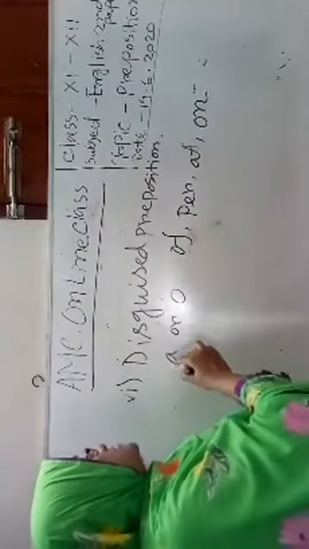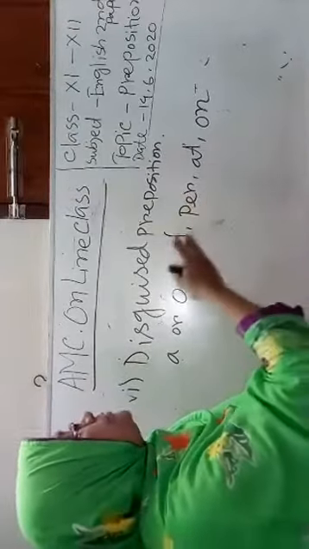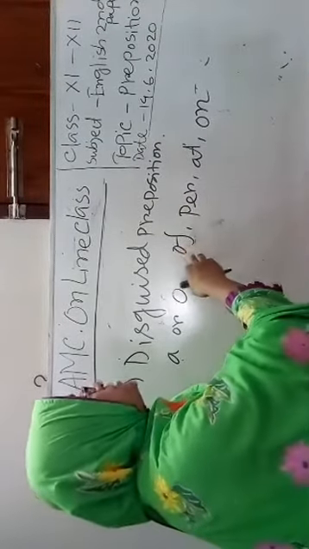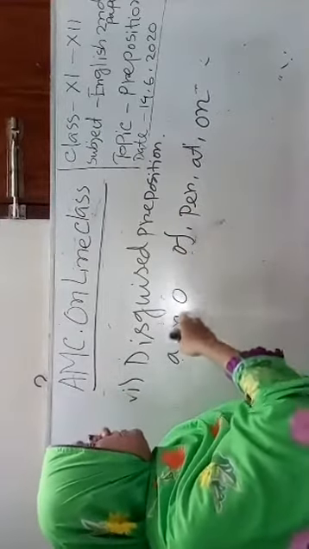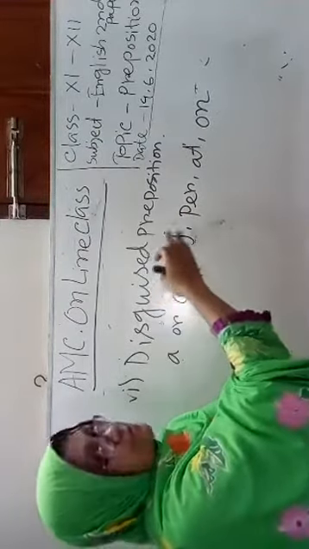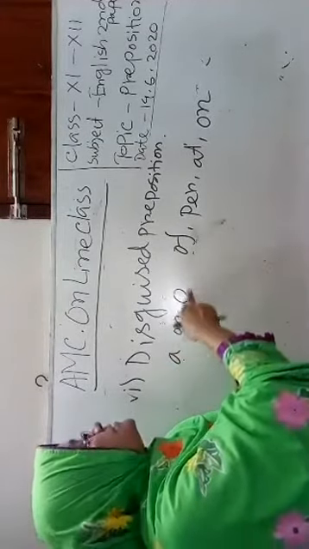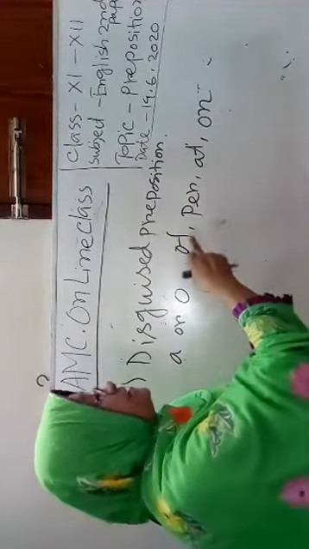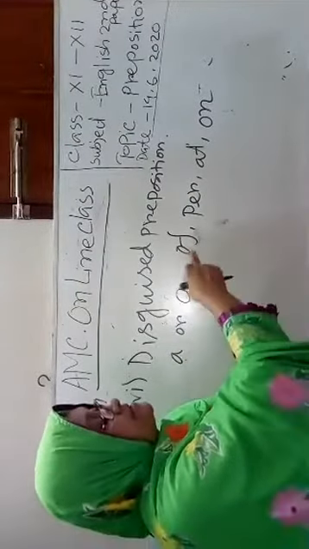These single alphabets are used in lieu of, or instead of, these four prepositions, and are known as disguised prepositions. That means behind these two single alphabets some prepositions are hidden, or these single alphabets disguise some preposition.